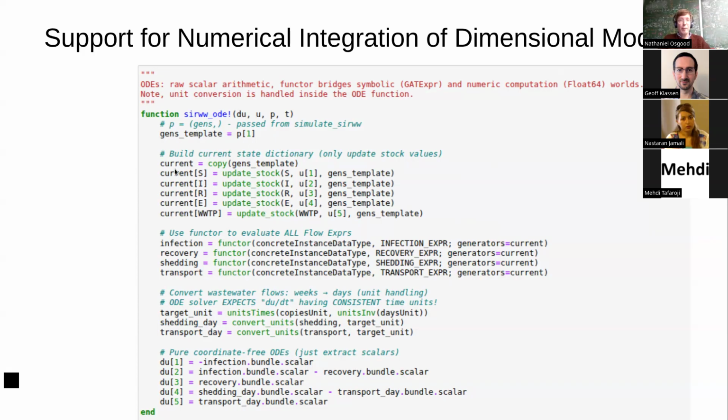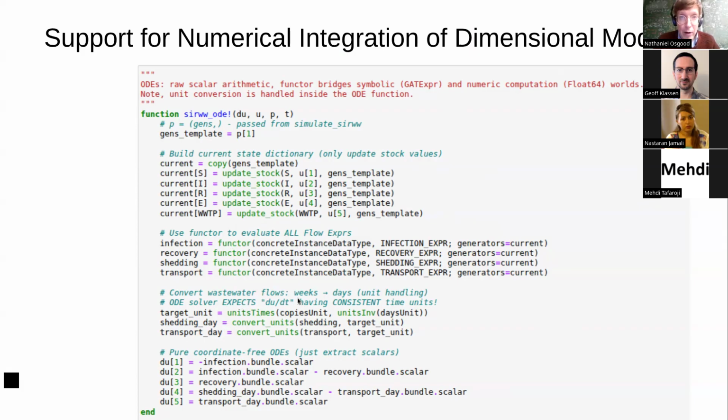Look at this. Basically she sets this up as an ODE, an ordinary differential equation, right? And she knows how to evaluate all the expressions of the flows from how they're defined in the model and from the values on which they depend.